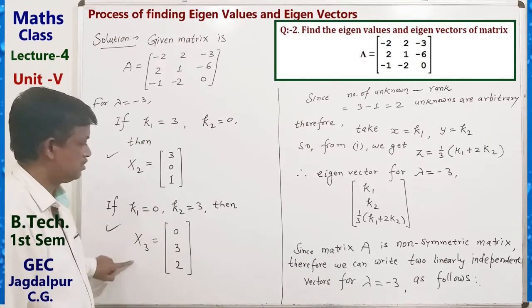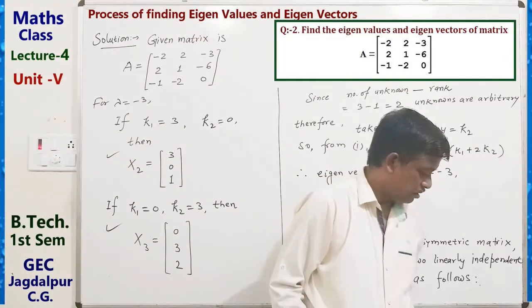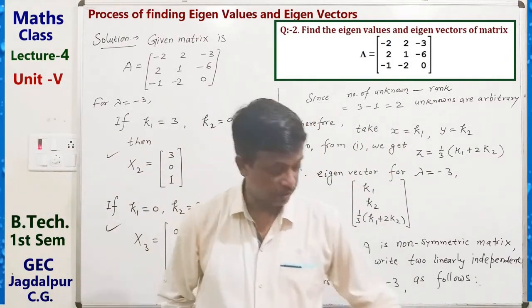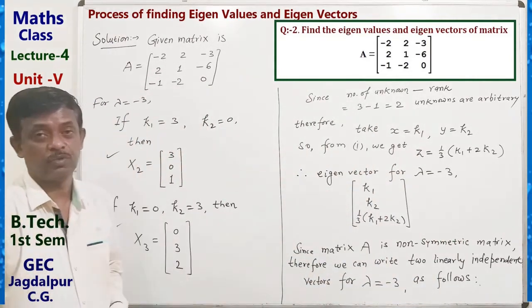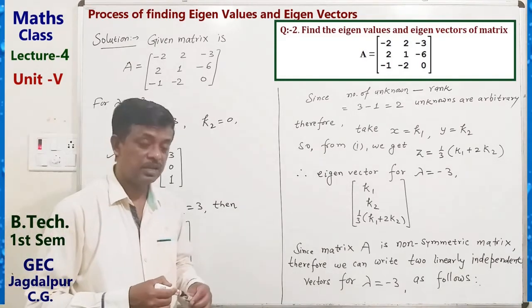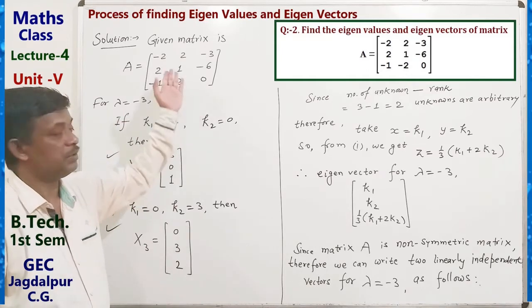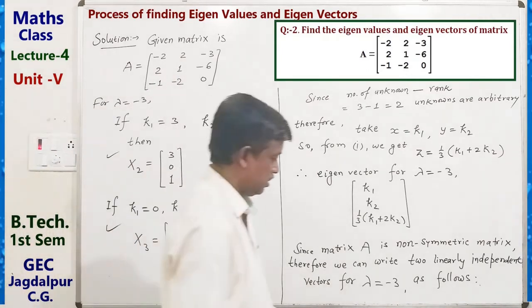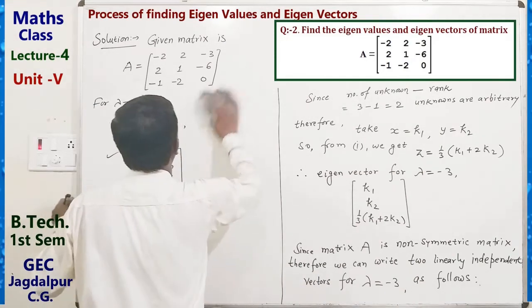So x2, x3 are the eigenvectors. Remember this process, a very important process: how can you find the eigenvectors for equal roots when a non-symmetric matrix is given? Now take one more question for finding eigenvectors.